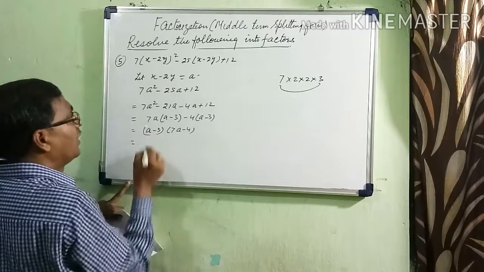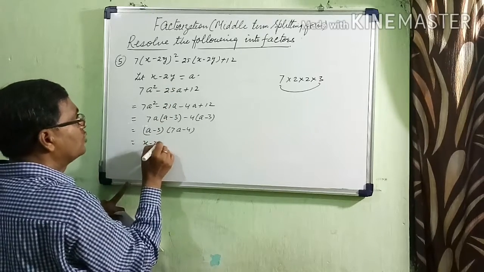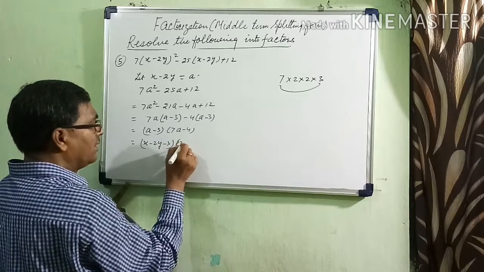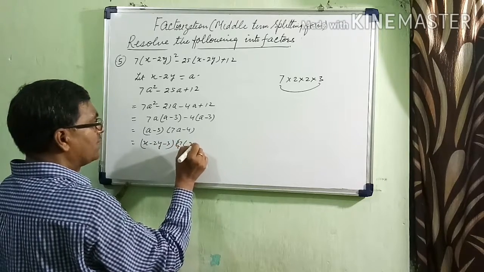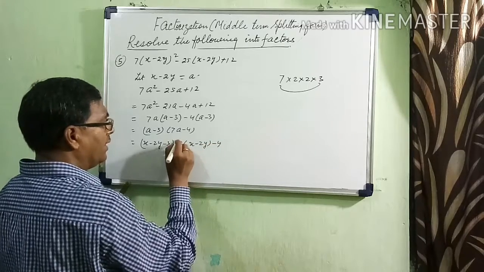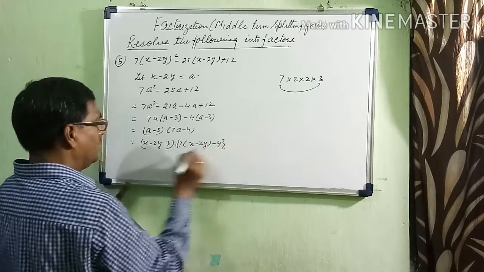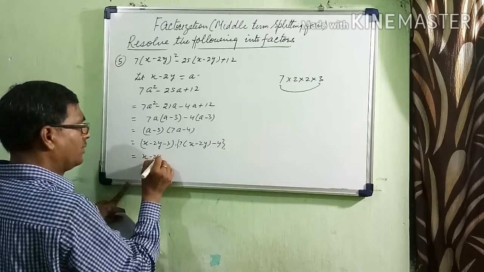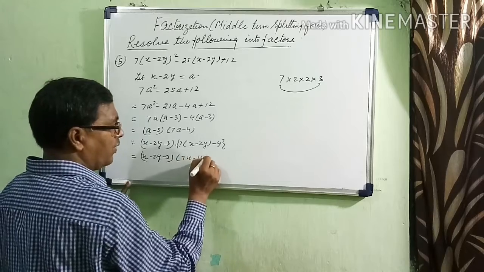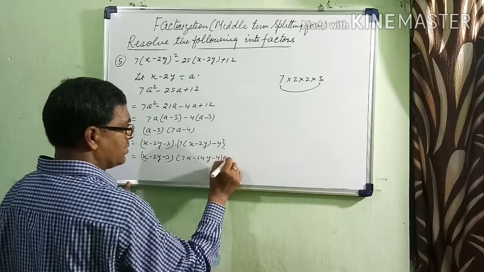And so substitute the value of a, x minus 2y minus 3 into 7 into x minus 2y minus 4, and then x minus 2y minus 3 into 7x minus 14y minus 4 is the answer.